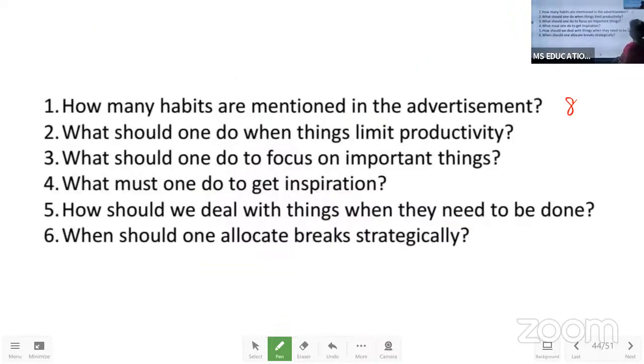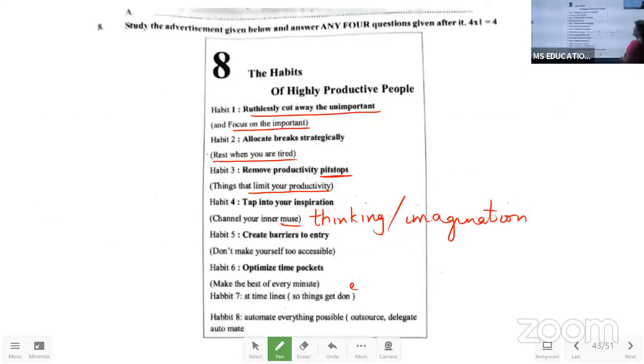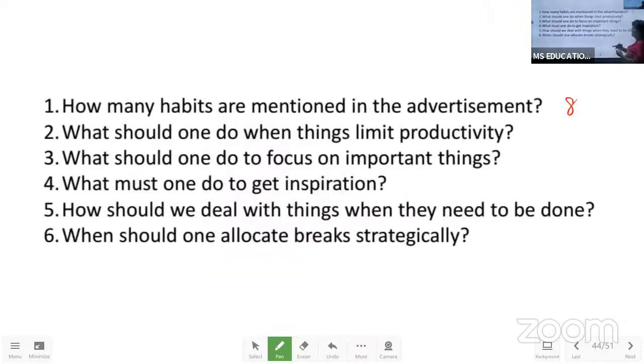What must one do to get inspiration? Think. Channel your inner muse, imagination and everything. Channel them in the right direction. Take inspiration from things, books, or your role model.